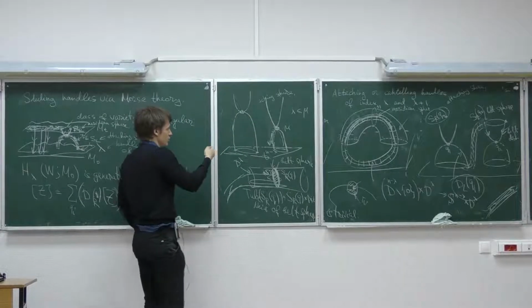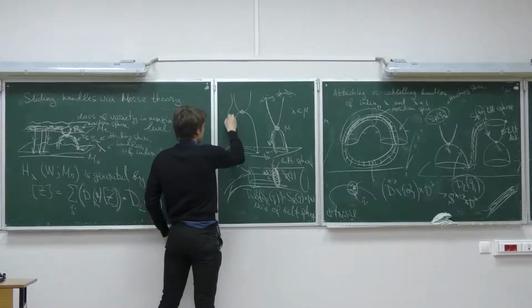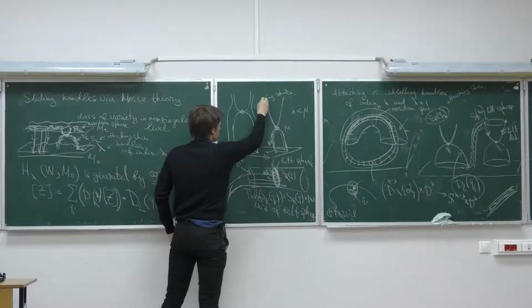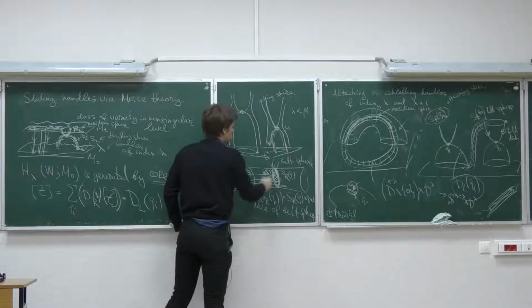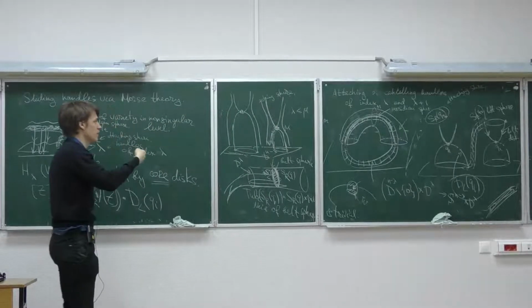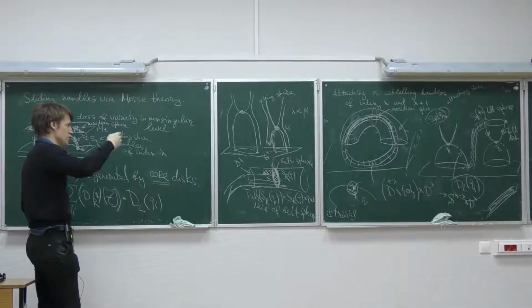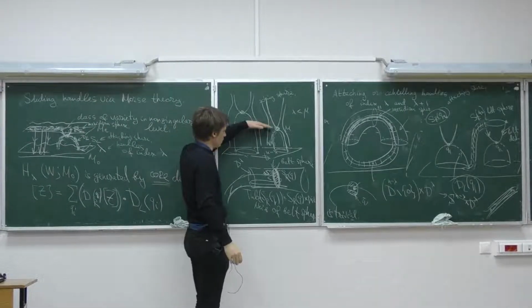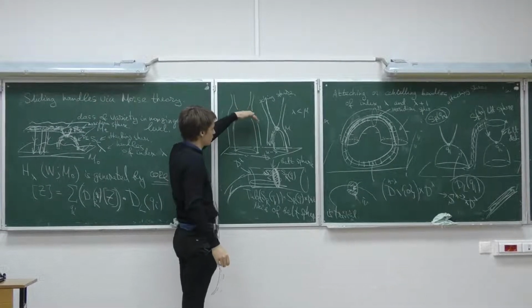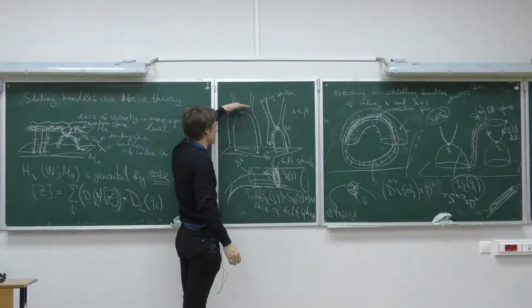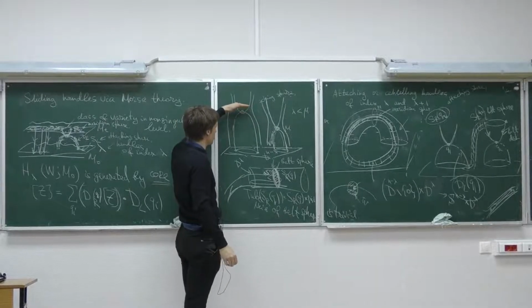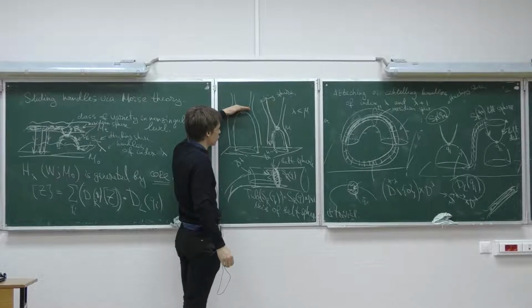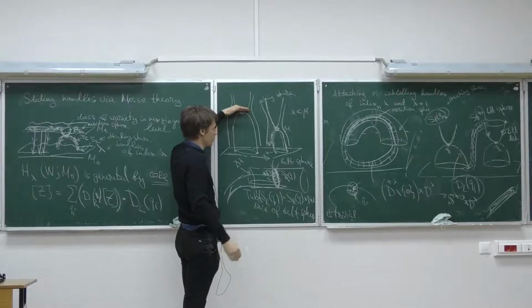So what data do you have? You have gradient trajectories. In order to reconstruct the Morse function, you have to just integrate these gradient trajectories. But the trick is that when you have gradient trajectories, you can make this flow by multiplying by a function.